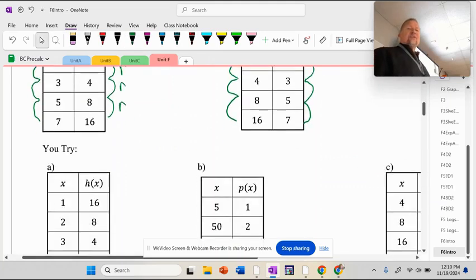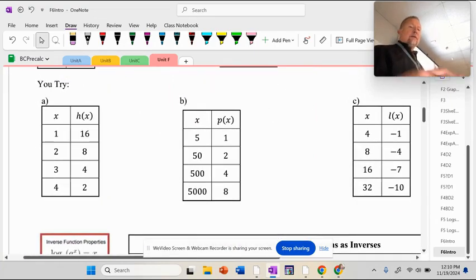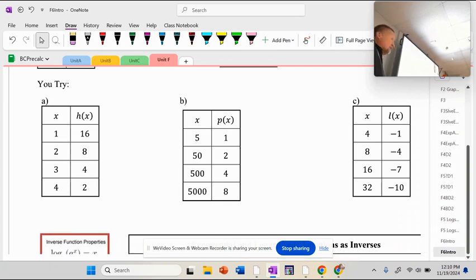Okay, so now look at these three charts and tell me what you think. I'll let you look at them, and then we'll go 3, 2, 1 on A, B, and C. I screwed up B. I just looked at it too fast. Okay, so what's A?